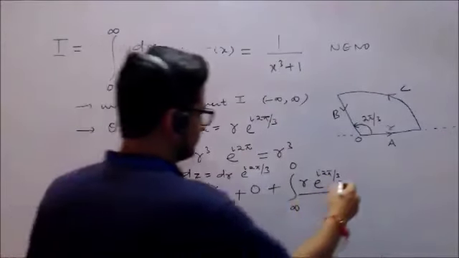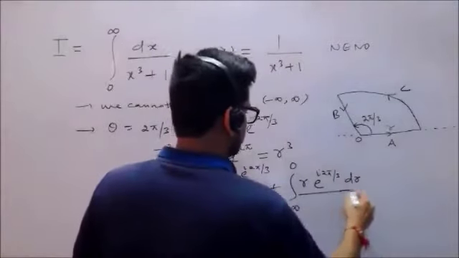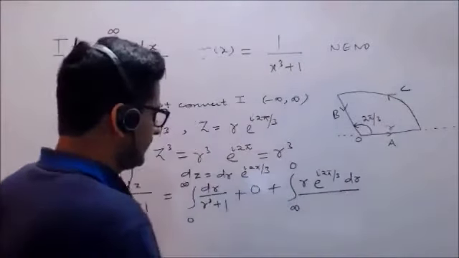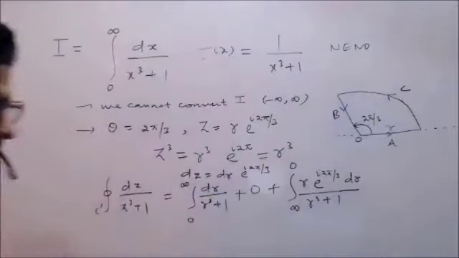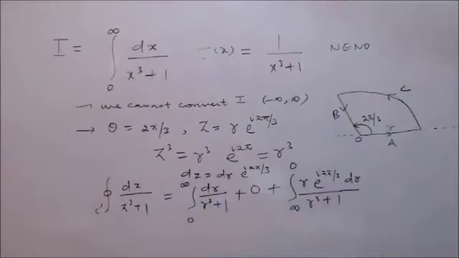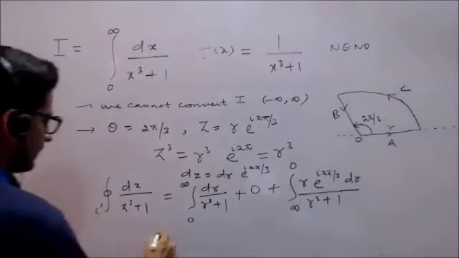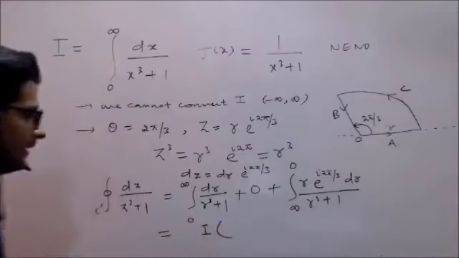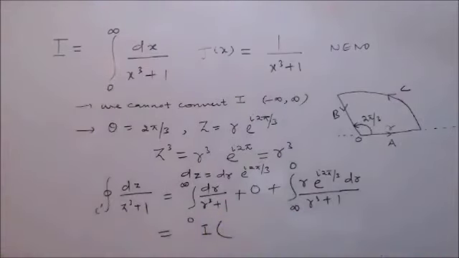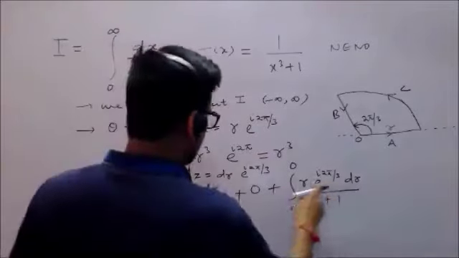And dr, denominator r cube plus 1. So how will this integral look like? Suppose I take this I. No, this will be dr into this, na?